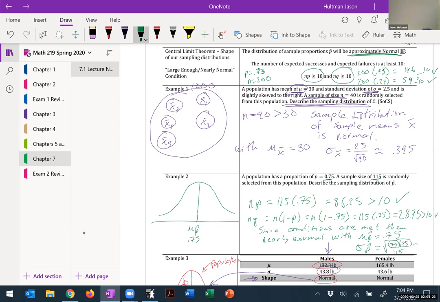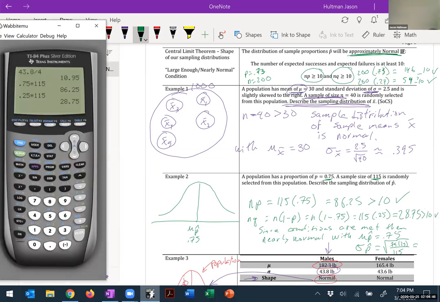So I'm going to plug all of that in. 0.75 times 0.25, all over 115. I'm going to plug that into the calculator.